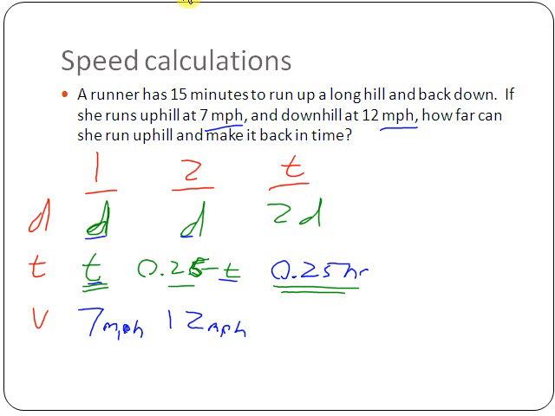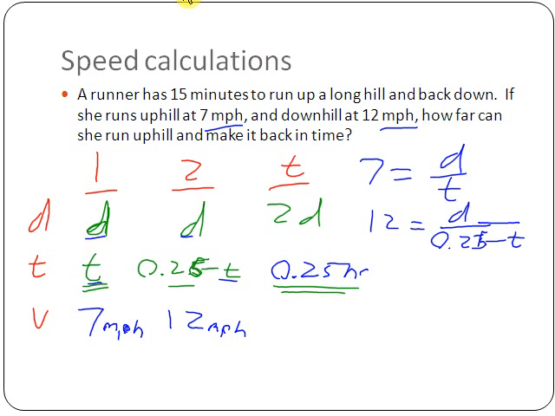So let's write out the equation for the first case. We know that the speed, 7, equals the distance d over the time t. For the second one, we know that the speed, 12, equals the distance d over the time of 0.25 minus t.